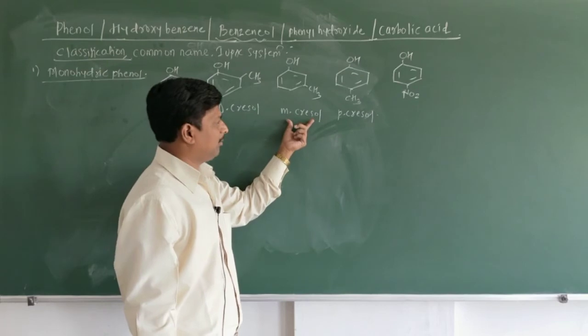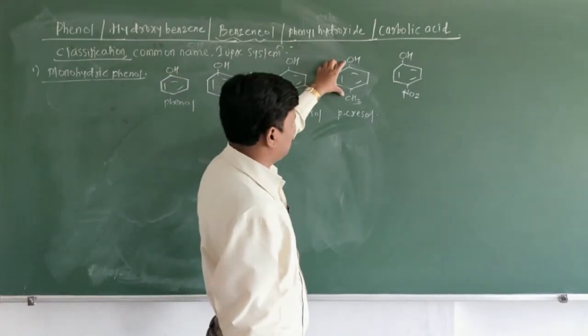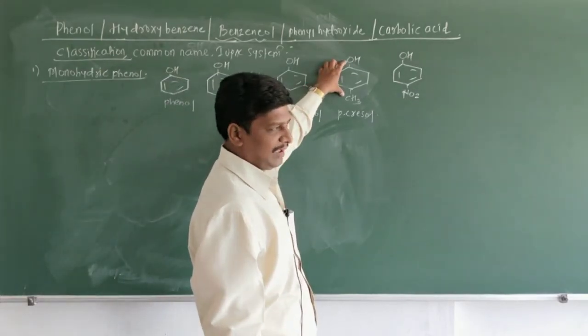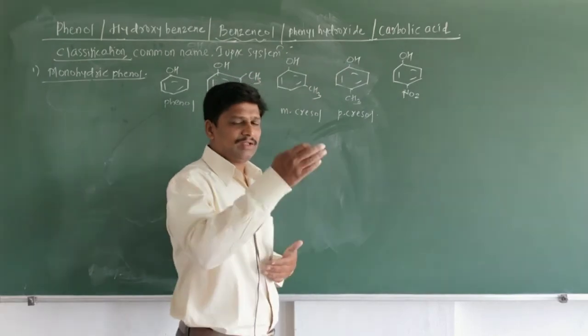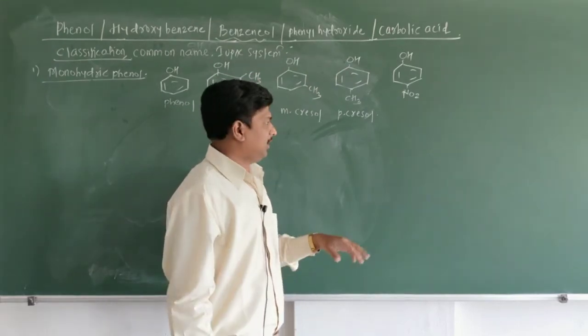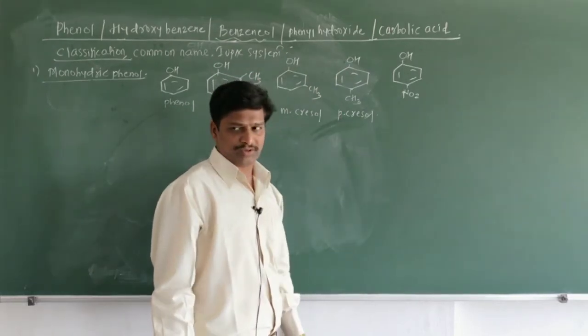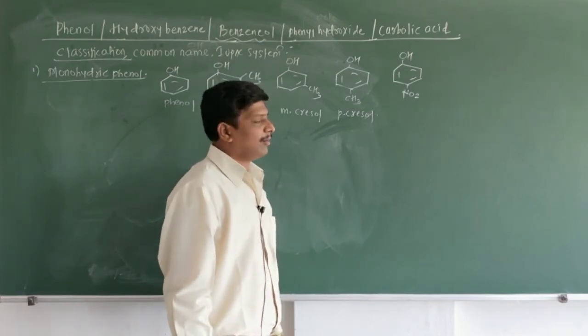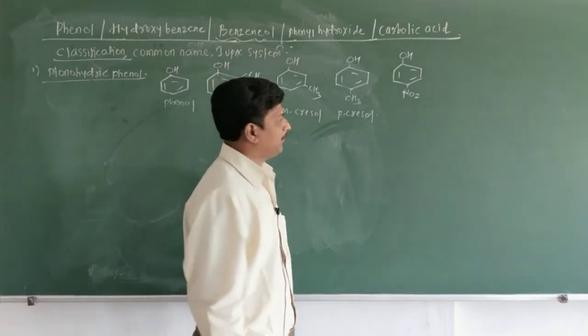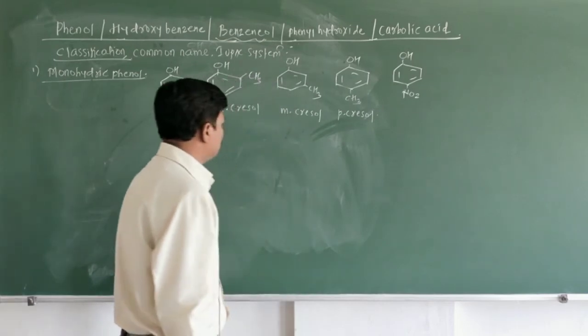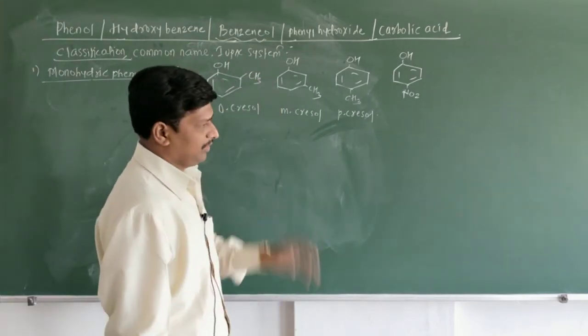Therefore it is known as metacresol. And when two substituents are present on the benzene ring in the opposite position, it is known as the para position. Therefore its name is paracresol. So these are the common names of these structures.